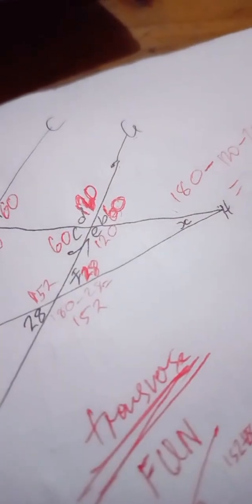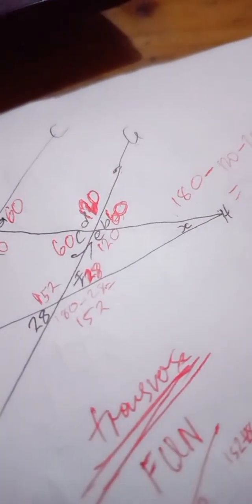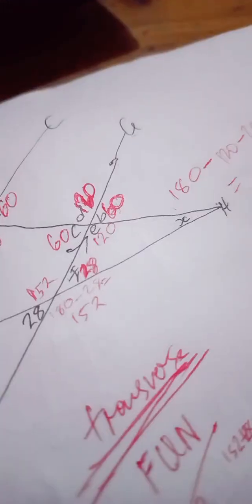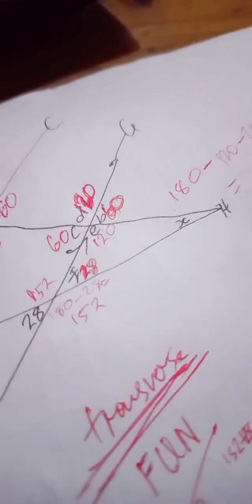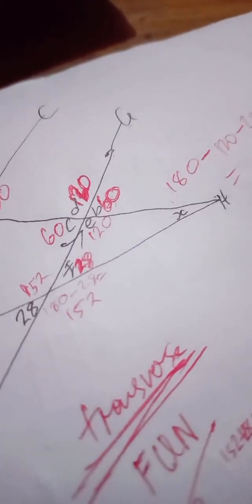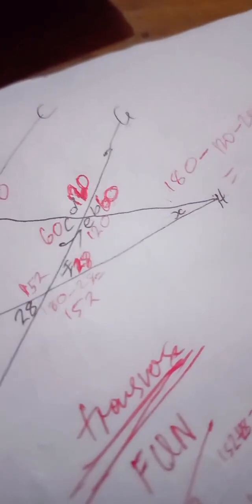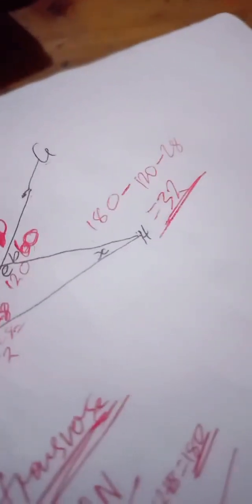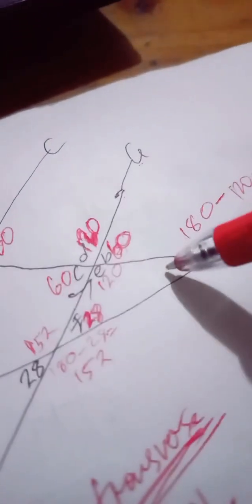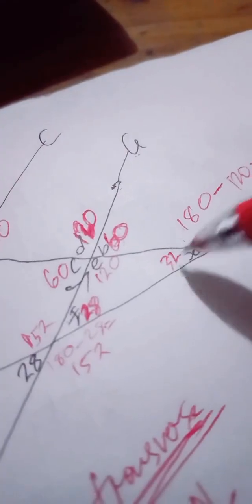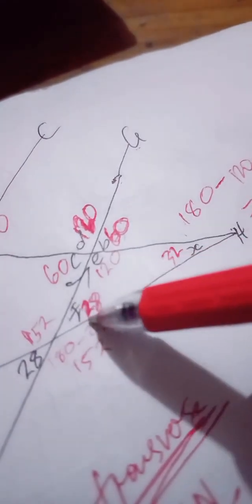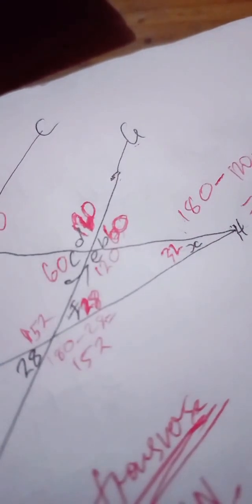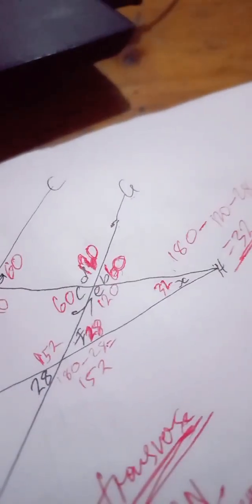Let me redo again. Maybe it's me, but I'm not getting 32. 120 minus 28. 32. Good. We have our 32, which means X is 32. If we add this and this, and this, it should give us 180.